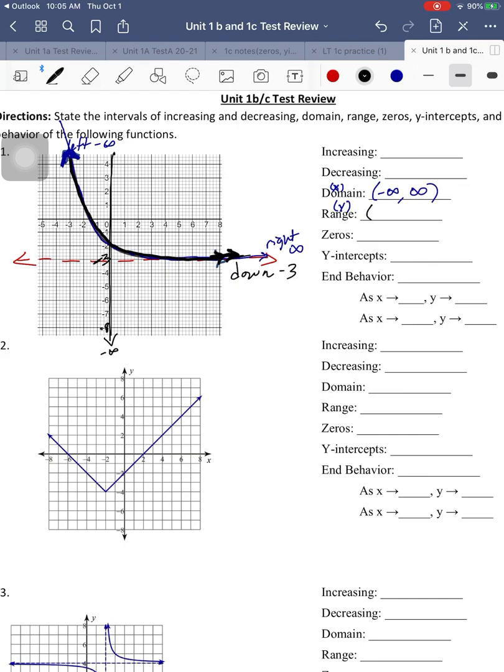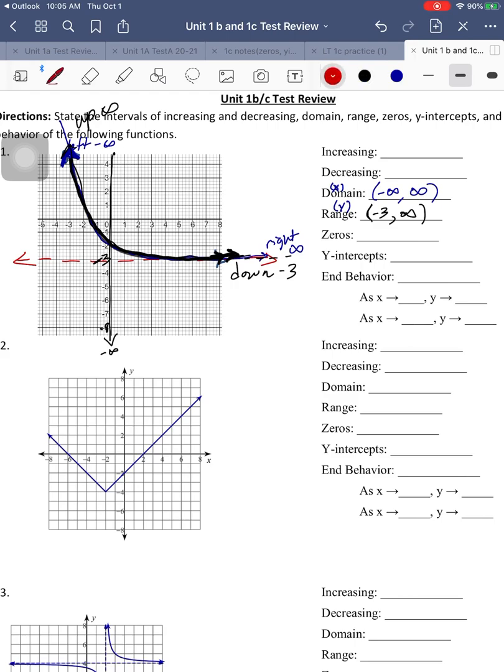It's at -3. So it's going to go down to -3, and the range starts at -3. I'm going to put a parenthesis because we can never actually get to -3. There's no coordinate at -3 on the y value. It's an asymptote, so it's not included. That's the parenthesis. Then we follow the graph up, and it keeps going up to positive infinity.